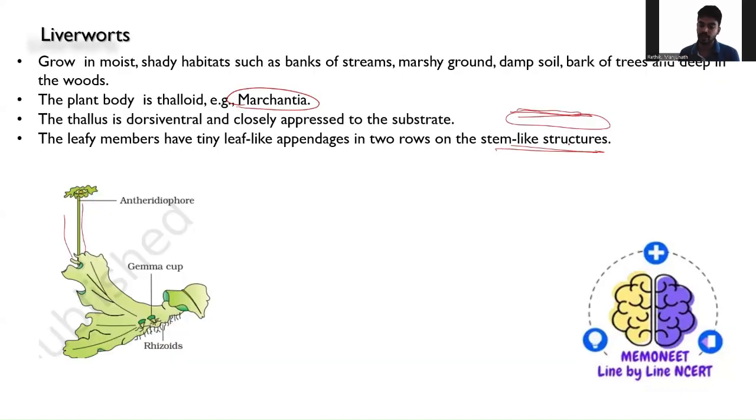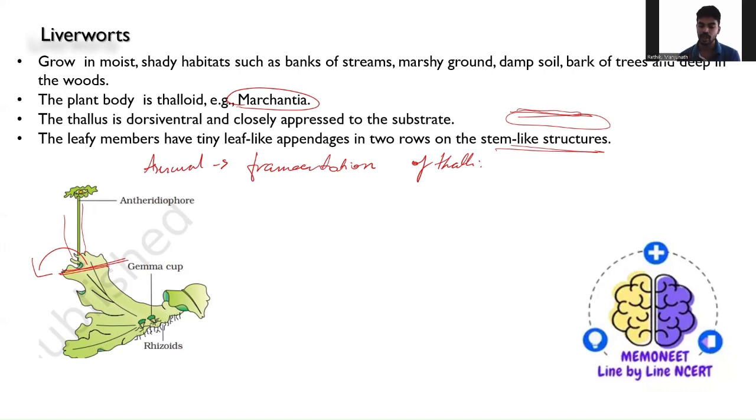Coming to reproduction, asexual reproduction takes place by fragmentation of thalli. Any part of the thallus can cut off and a new plant body will develop.